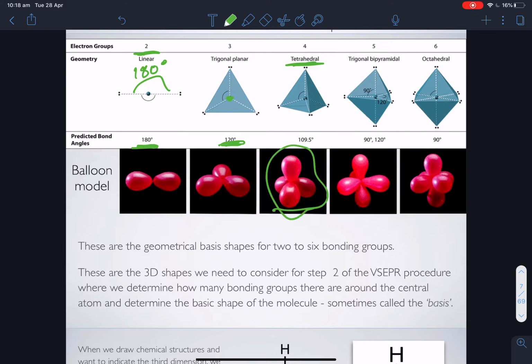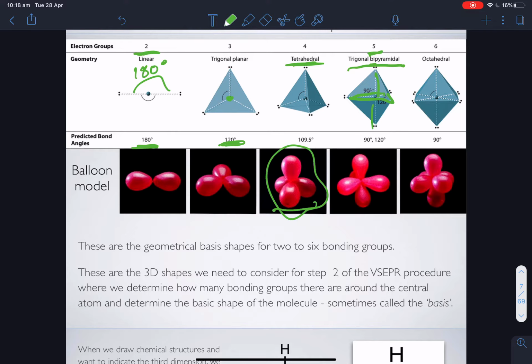And here's the balloon projection of it, the balloon model of it. When you get 5, it's called trigonal bipyramidal. It's got 2 pyramids with a triangle base, so 2 pyramids of triangles, trigonal bipyramidal.